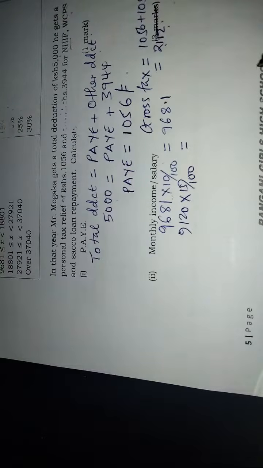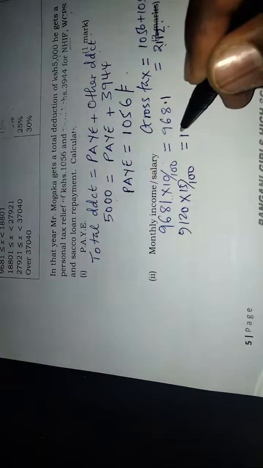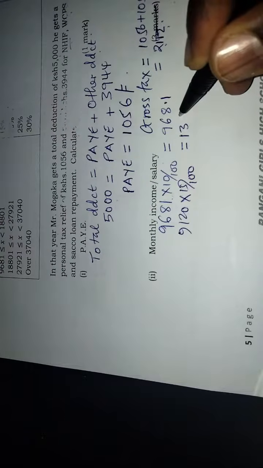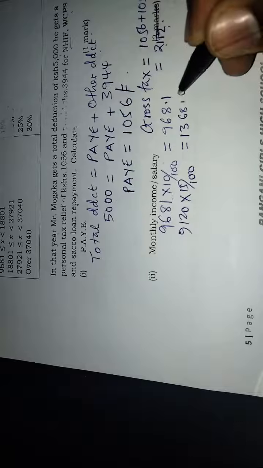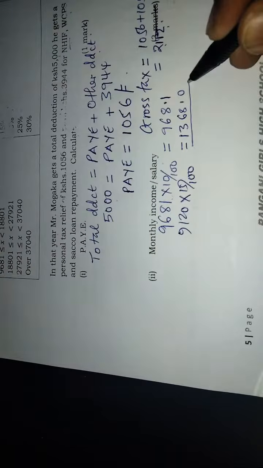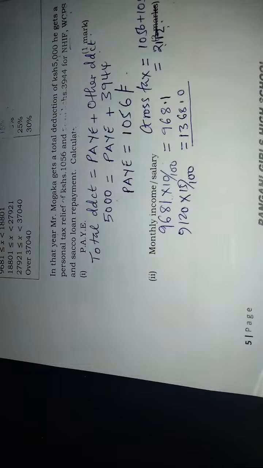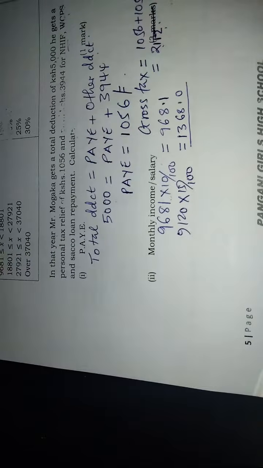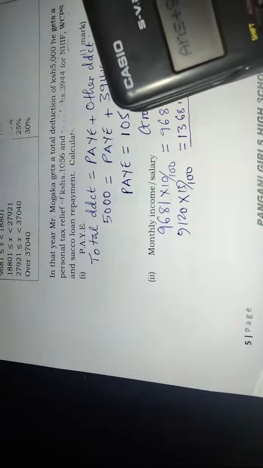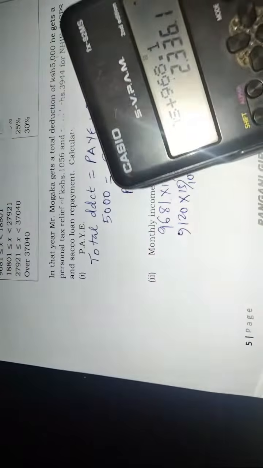This will give us 1368.0. When we try to add this to 968.1, we realize that we are exceeding the total tax for this individual.